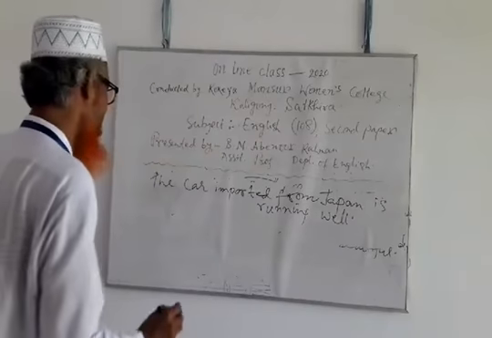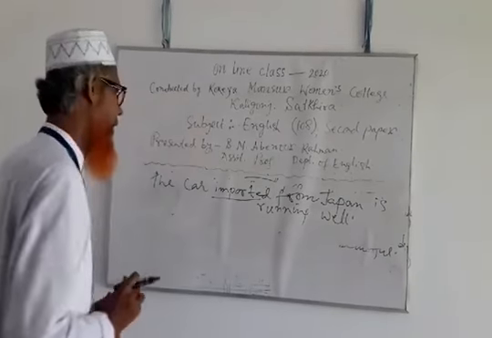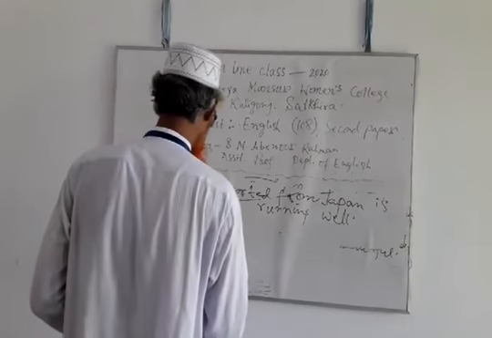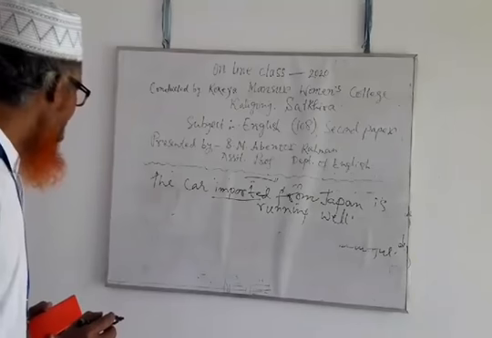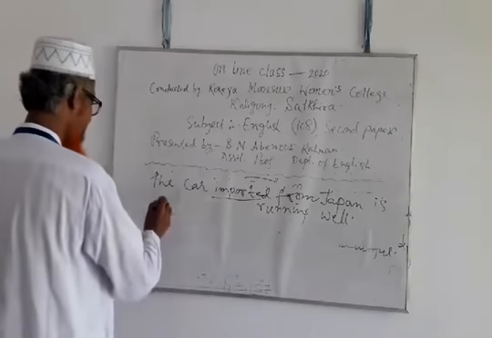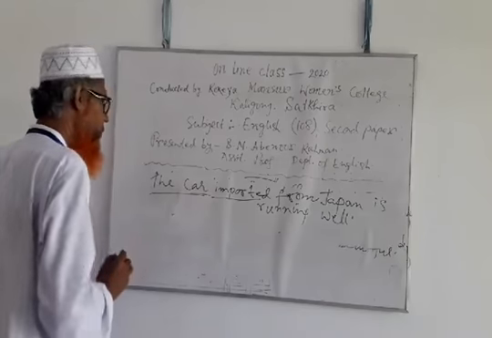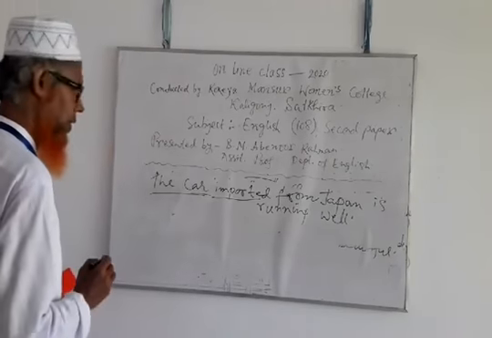Here you notice participle is used after the subject, the car. So we have to use the relative pronoun which or that. Why? Here the subject is a thing or material. So we have to use here that or which in making a complex sentence.